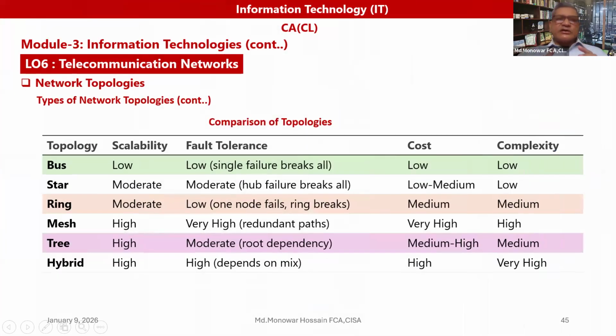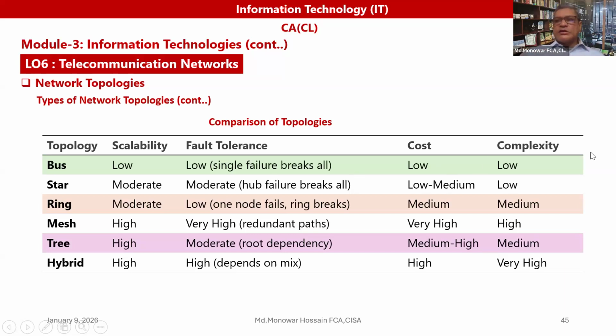If we summarize all of these, bus, star, ring, mesh, tree, and hybrid, then we can do a comparison. Bus: scalability is low, and fault tolerance is low, because if any single point breaks, the whole network collapses.